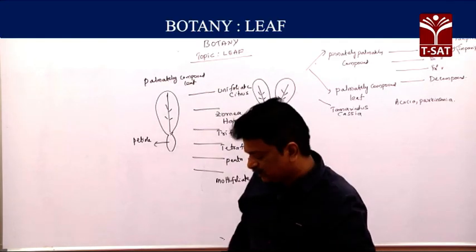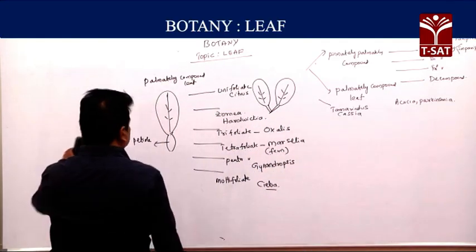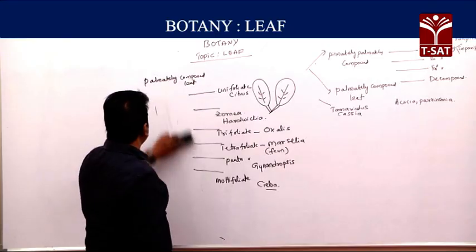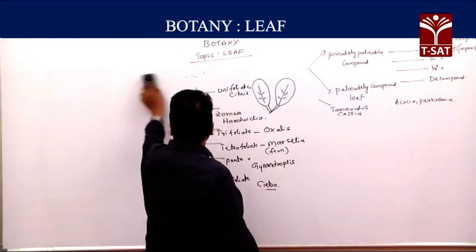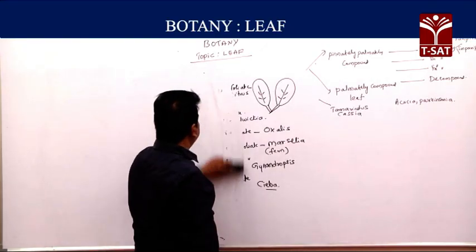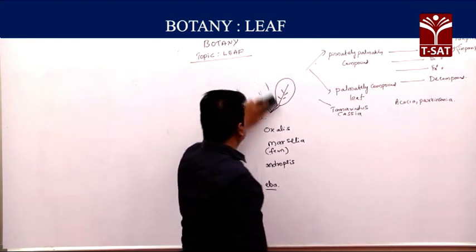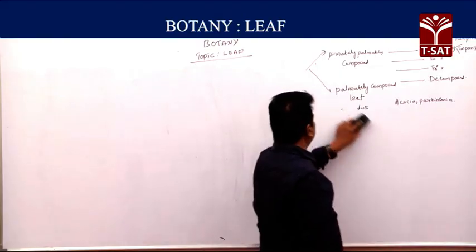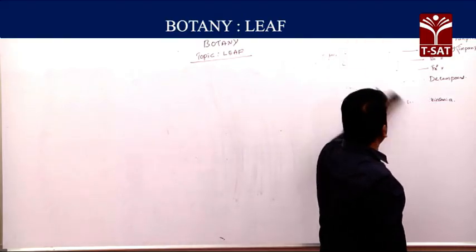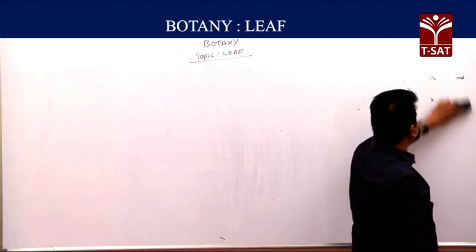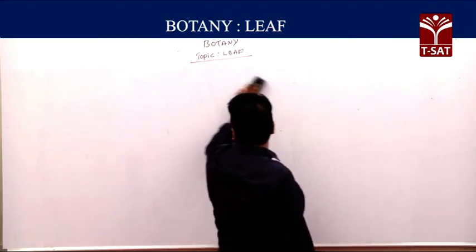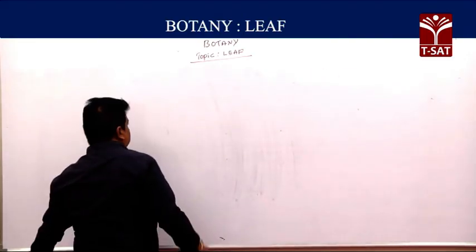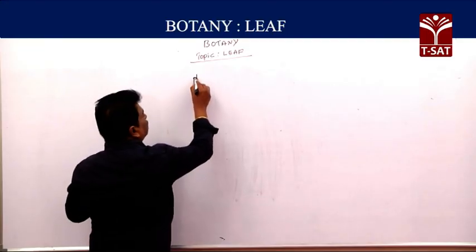These are types of leaves. The next one, phyllotaxy. Mode of arrangement of leaves on stem or branches is called phyllotaxy.